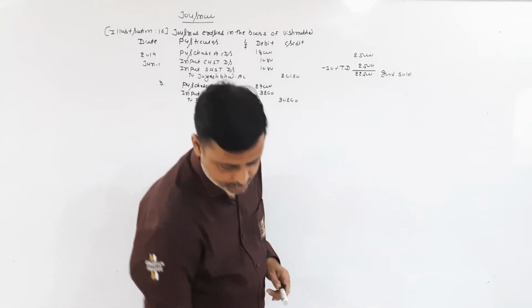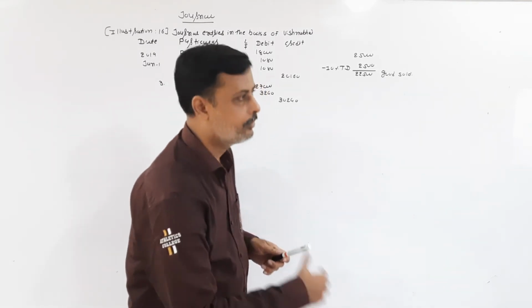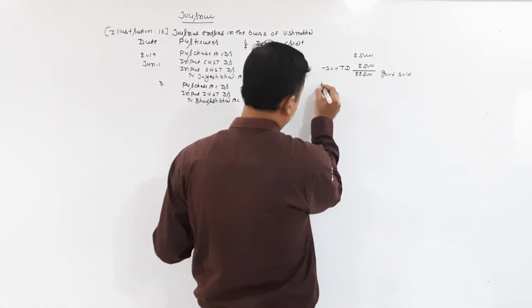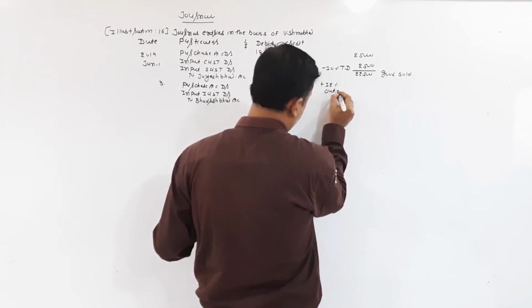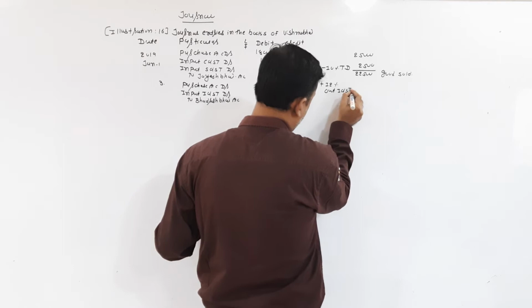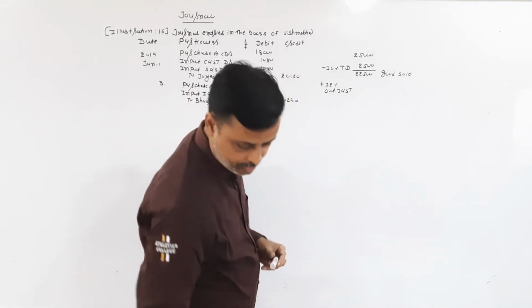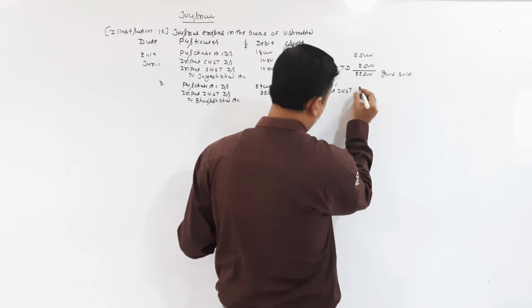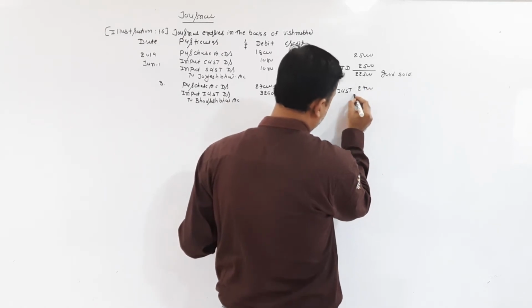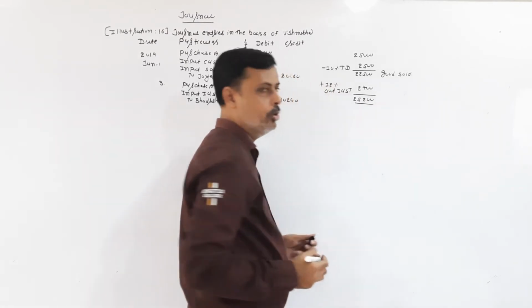So 12% makes output IGST 12%, which means 2,700. So the total is 25,200.